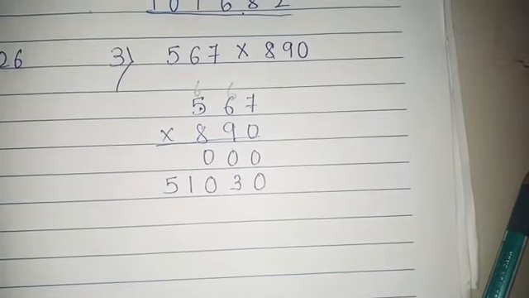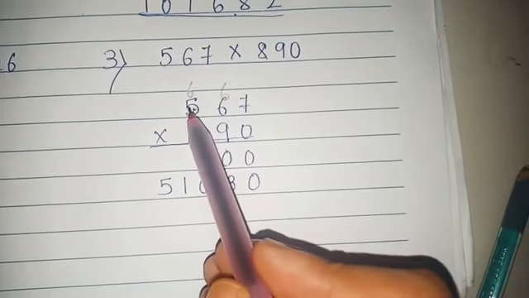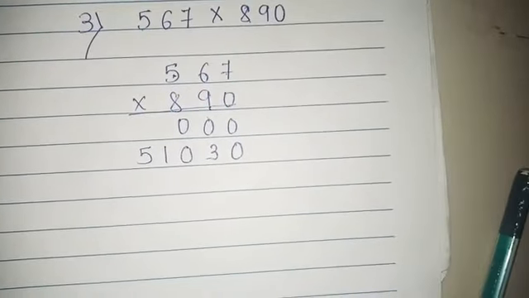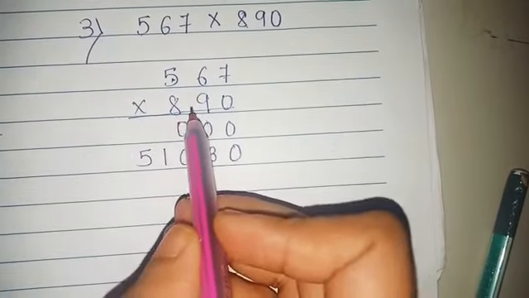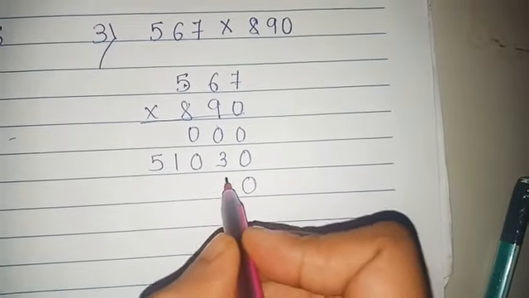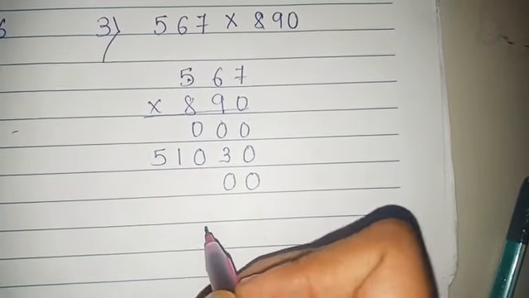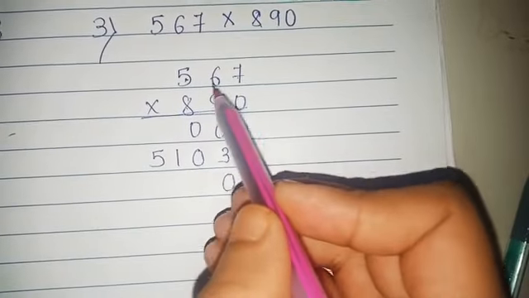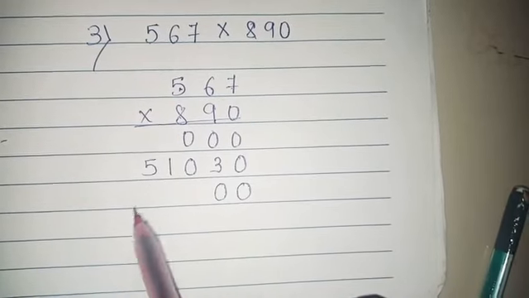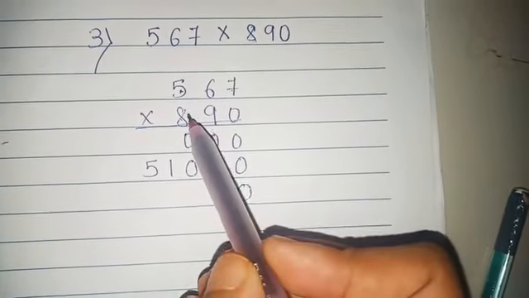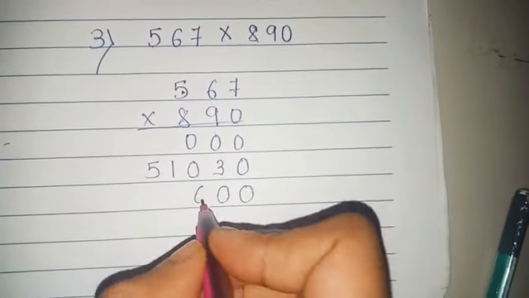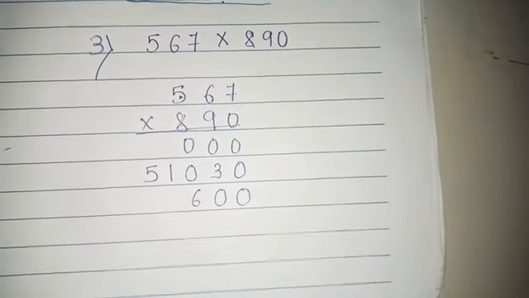Done. Now we will multiply 567 by this 8. This 8 is in the 100s place, so I will write 0 in the units place and in the tens place. Understood? Now 8 sevens are 56. So 6 will come here and carry forward 5.